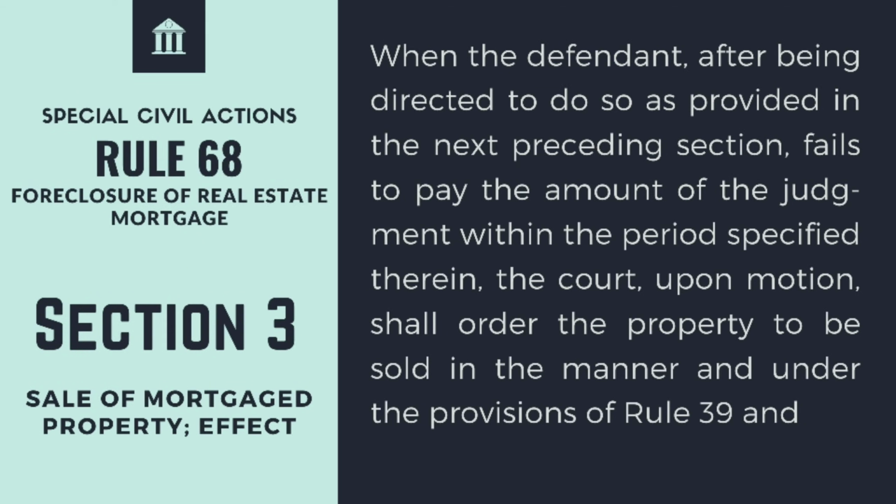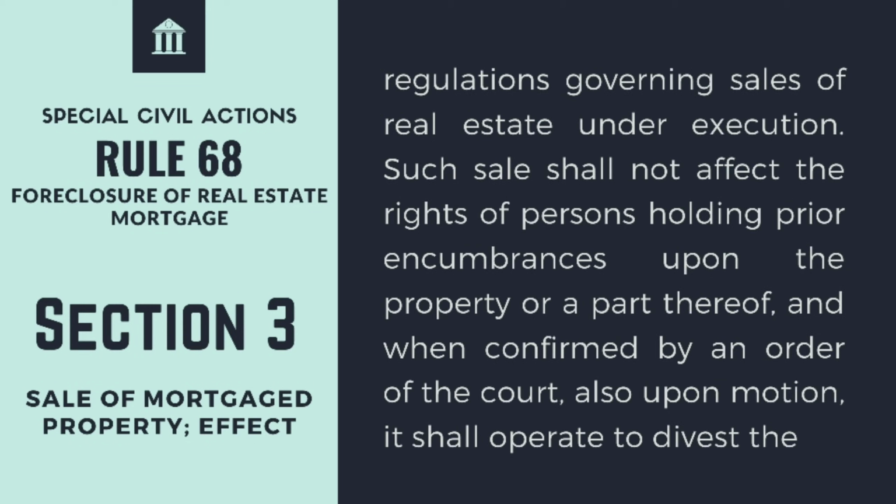Section 3. Sale of mortgaged property, effect. When the defendant, after being directed to do so as provided in the next preceding section, fails to pay the amount of the judgment within the period specified therein, the court, upon motion, shall order the property to be sold in the manner and under the provisions of Rule 39, and other regulations governing sales of real estate under execution.